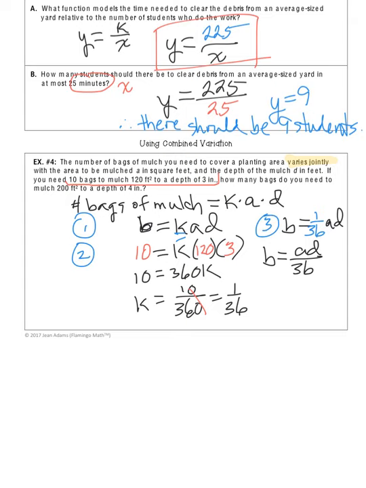So then my part 4 is going to be B equals, okay, so for my A, they gave me 200 square feet, so I'm going to squeeze that in there, 200. And then for my D, my depth is 4 inches, so that's going to go in there. And so you're welcome to use your calculator, but if I put in 200 times 4, and then divide by 36, I get a decimal.